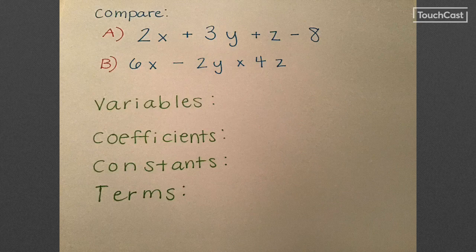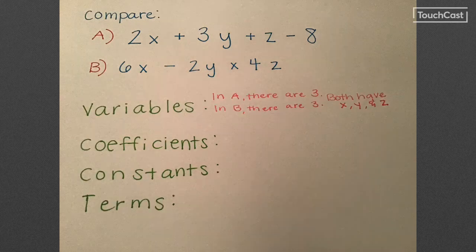I want us to think, how many variables are in equation A and equation B? If you count, there are 3 variables in both A and B. They both have an x, they both have a y, and they both have a z.